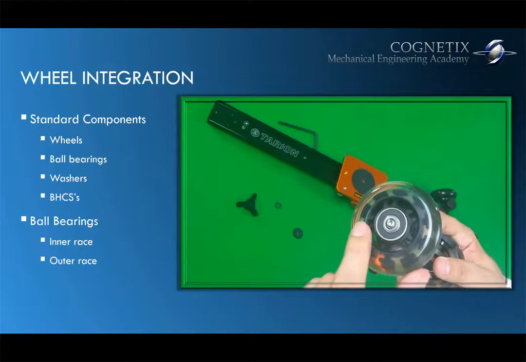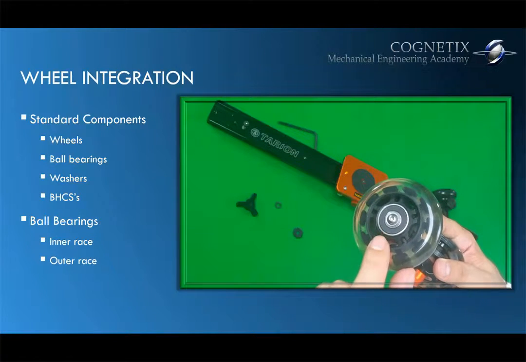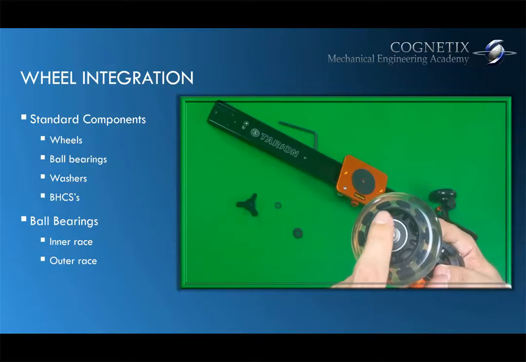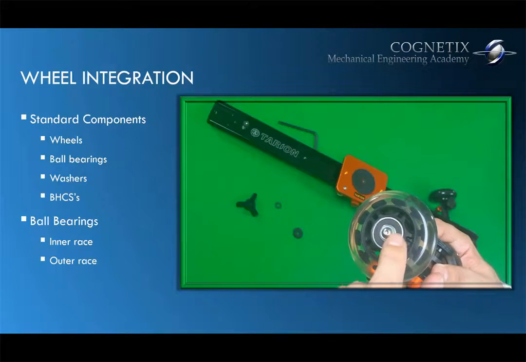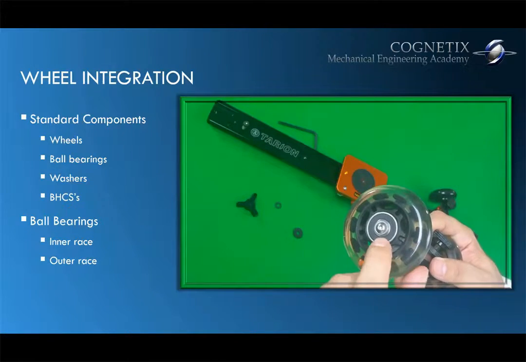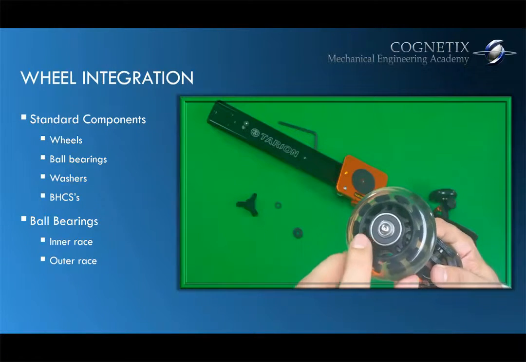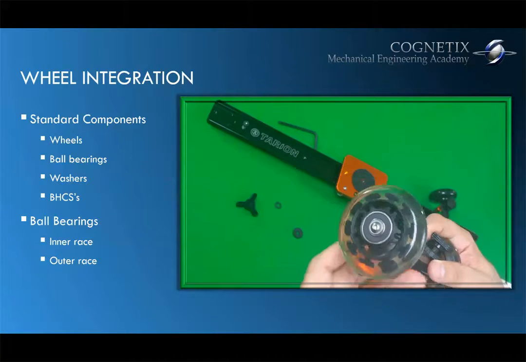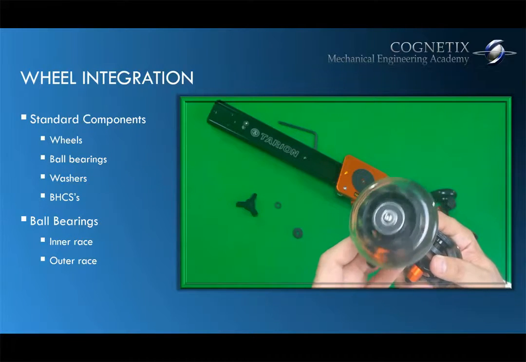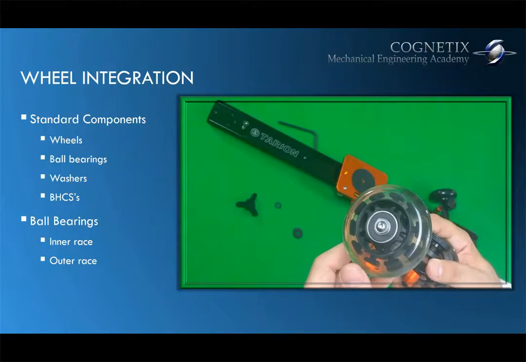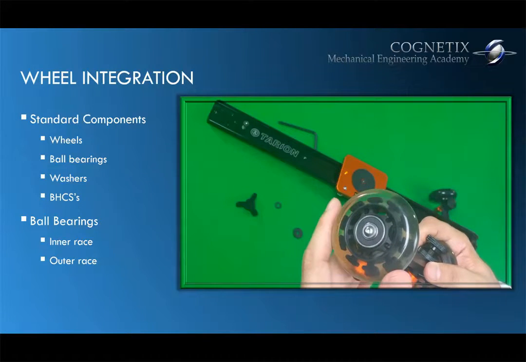If you can imagine that as the outer race spins, the ball bearings are rotating inside the bearing subassembly around the inner race. So there's virtually no friction in ball bearings, okay? And you get this very smooth, stable rotating motion between components.